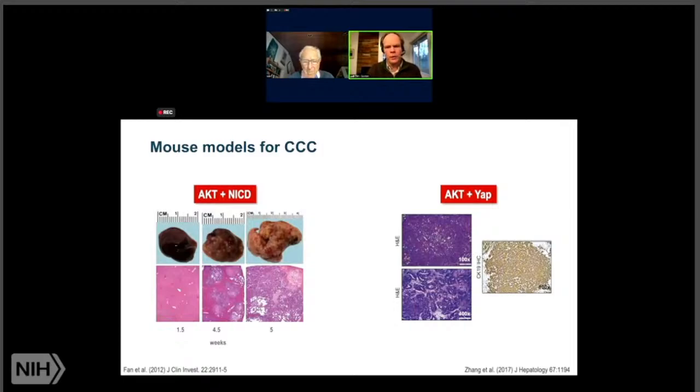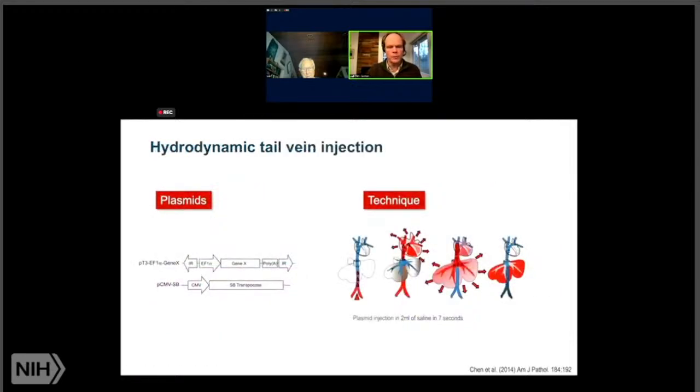We use two different cholangiocarcinoma models, one that is dependent on AKT and Notch, and the second one that is dependent on AKT and YAP. The way we do this is by a technique called hydrodynamic tail vein injection. We can inject plasmids of interest into the tail vein of these mice.